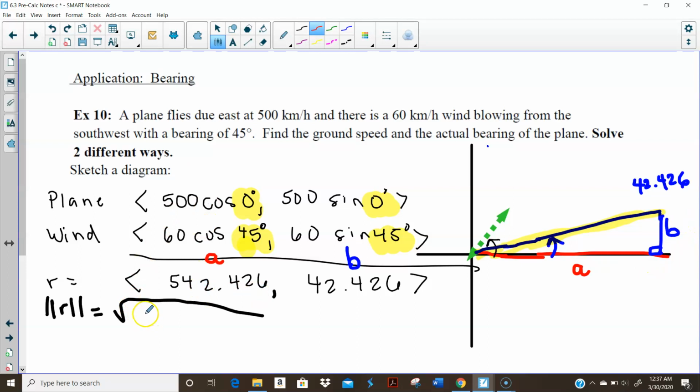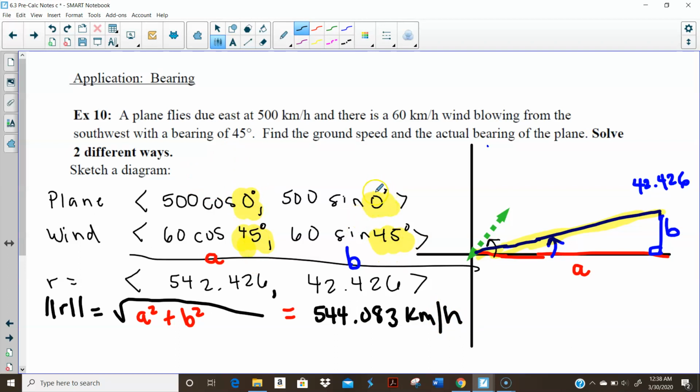And so you can simply put in the square root of A squared plus B squared, and that's going to give you the actual magnitude. So the actual magnitude of the plane is the same as it was in the other problem. It's 544.083 kilometers per hour.